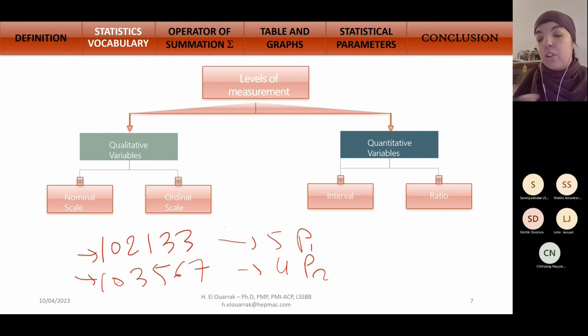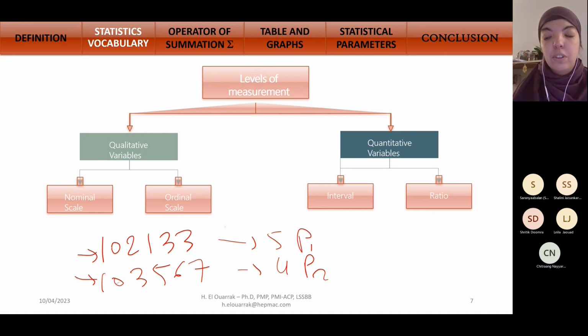Now, there are actually four ways of looking at quantitative variables. The two I'm mentioning here are the broader way of looking at it, and then we will talk about two other distinctions, which are the most common distinctions for quantitative variables. So let's talk about these two types first.